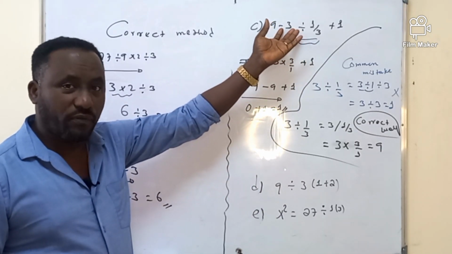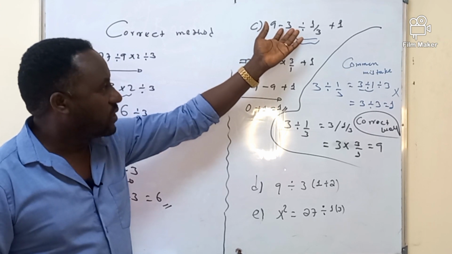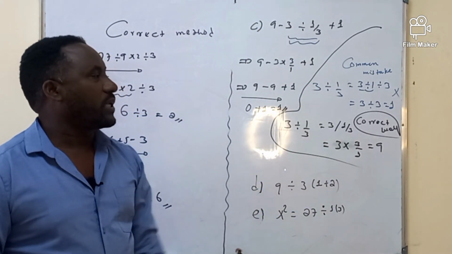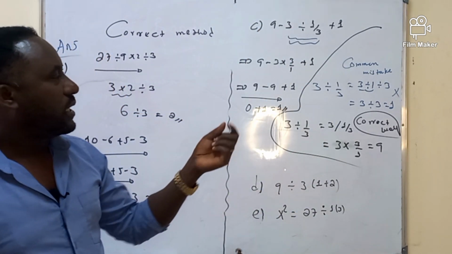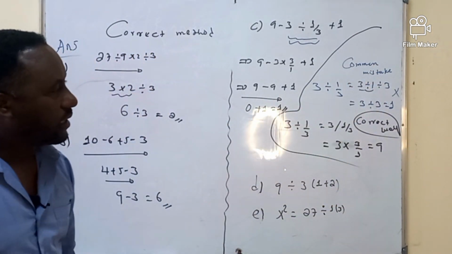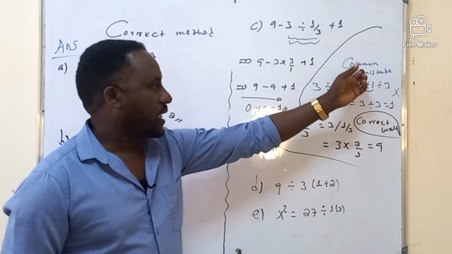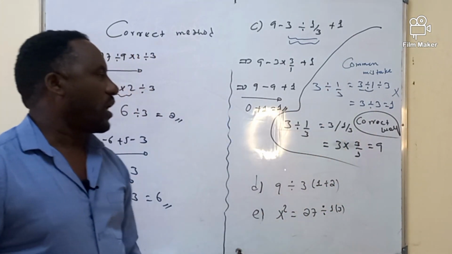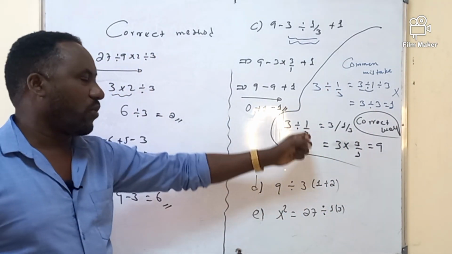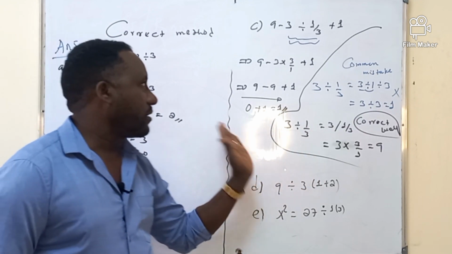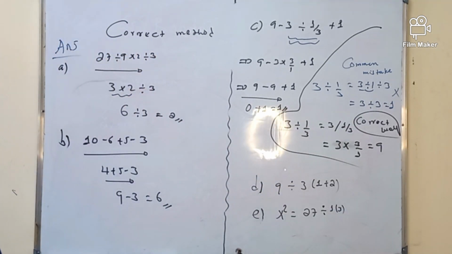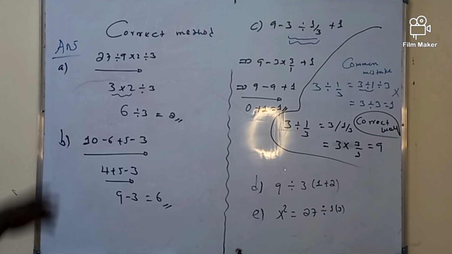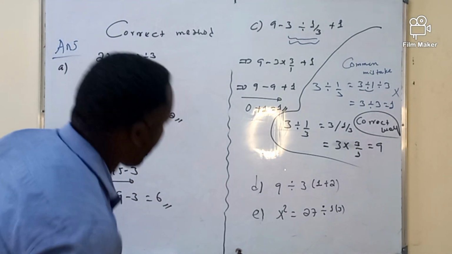When you are solving the division, you have to be very careful, as most people will make a mistake here. This is the common mistake that many people make, but it is incorrect. So you have to apply the second technique: 3 divided by 1 over 3 means exactly 3 times 3 over 1, which is 9. That's the way to do this problem.